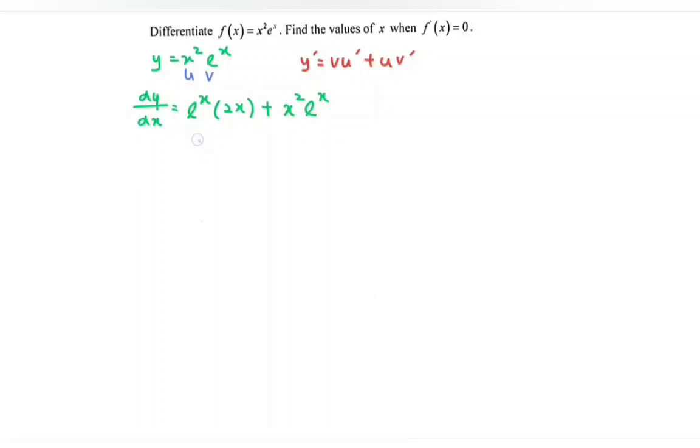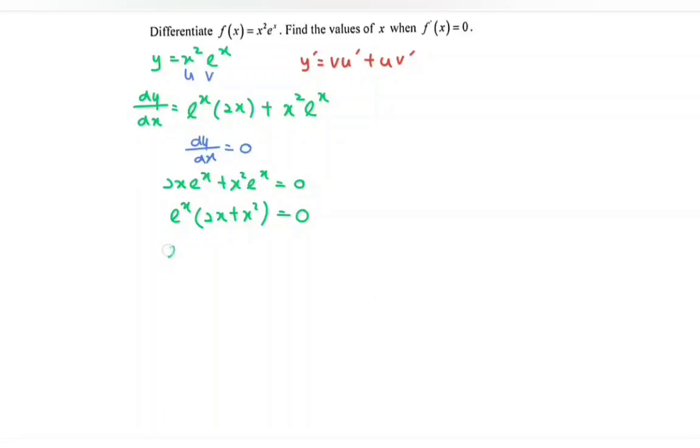So given the situation, dy dx is equal to 0. So kindly substitute, we have 2x exponent x plus the x squared exponent x equals to 0. Exponent x bracket, we have 2x plus the x squared equals to 0.